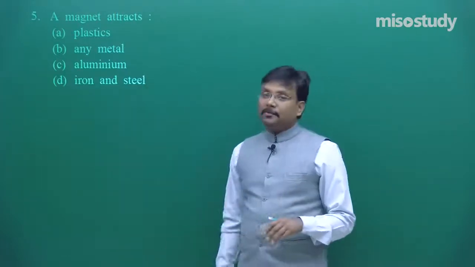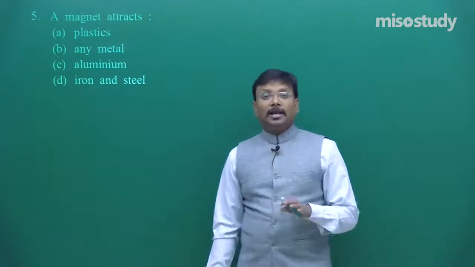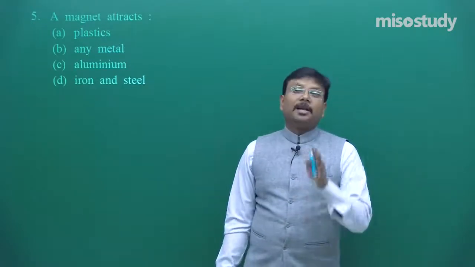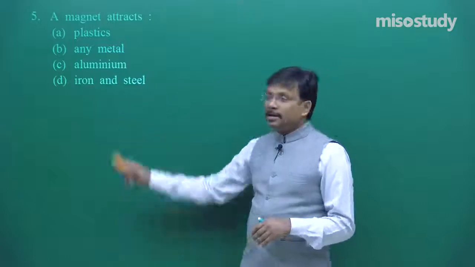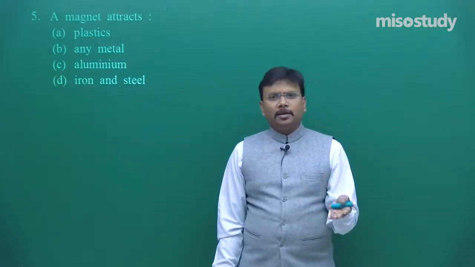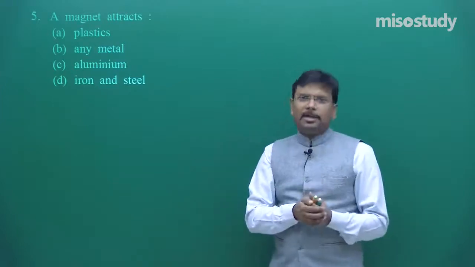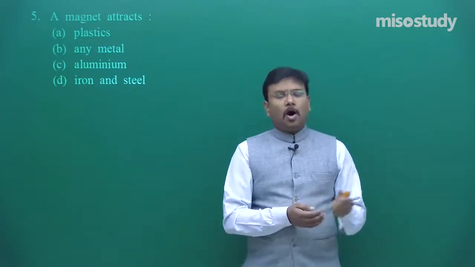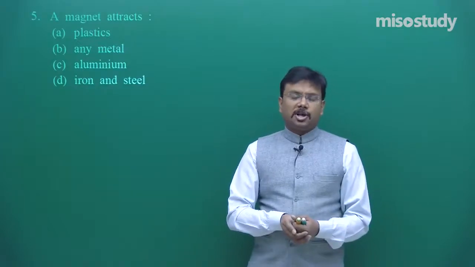A magnet will attract only iron and steel material. You can check it yourself: take a small bar magnet, get it issued from your school laboratory or purchase it from a nearby stationery shop.